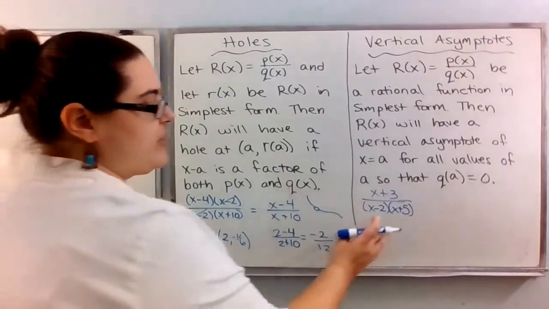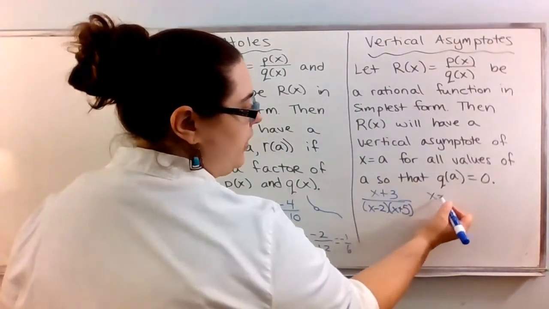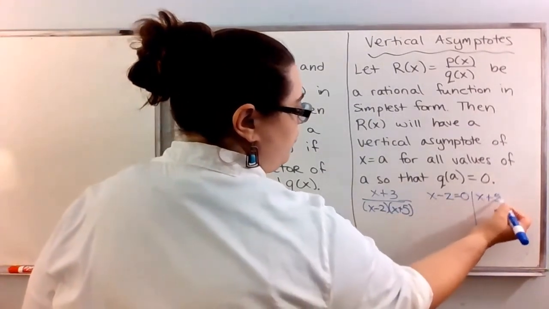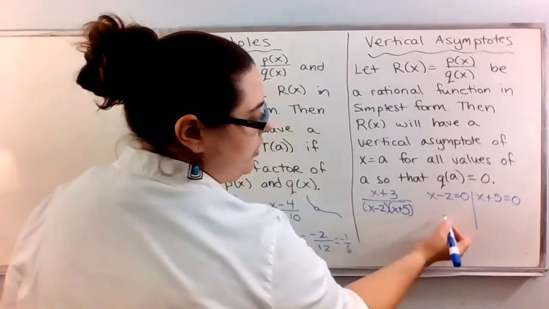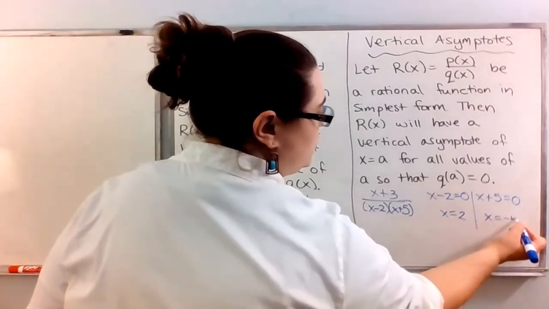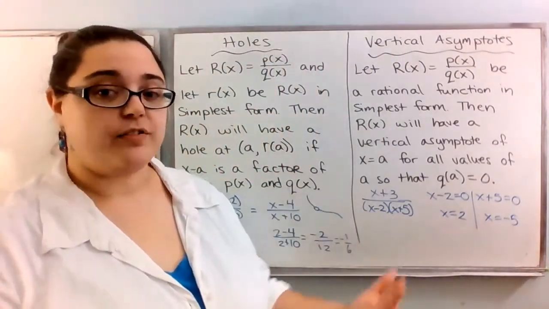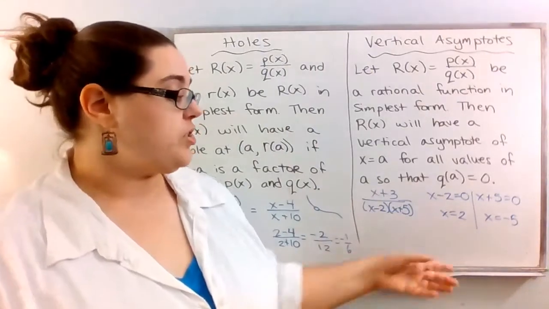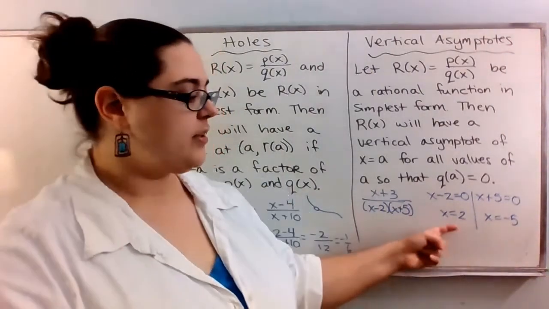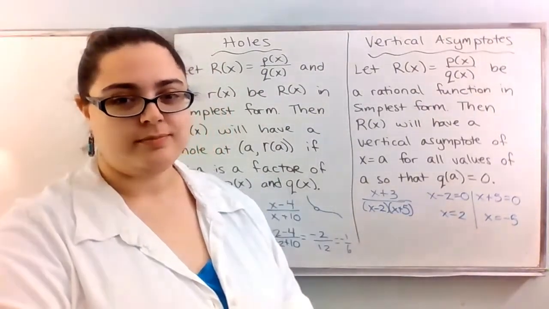So if I set each of these factors in the denominator equal to 0, I will get my vertical asymptotes. So here we have x is equal to 2 and x is equal to negative 5. Remember that a vertical line has the form x equals a number, so we do want to keep this x equals 2 and x equals negative 5. These would be our two vertical asymptotes for this function.